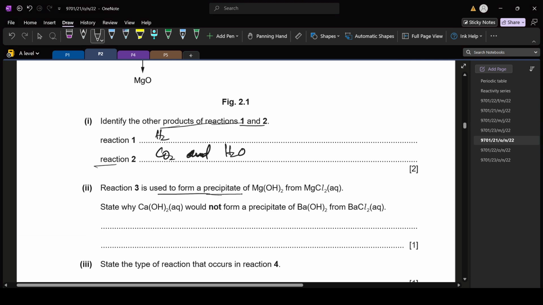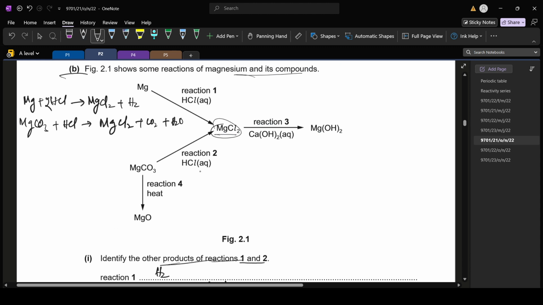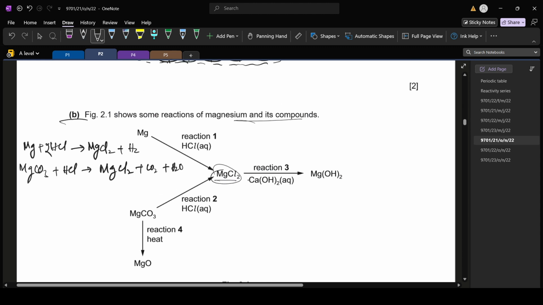Reaction 3 is used to form a precipitate of magnesium hydroxide from magnesium chloride. State why calcium hydroxide would not form a precipitate of barium hydroxide from barium chloride. In reaction 3, you are reacting magnesium chloride with calcium hydroxide.